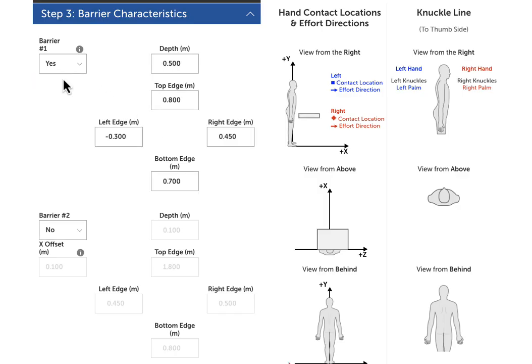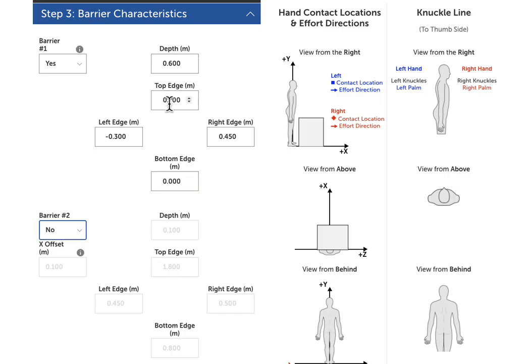So I'm going to say the first one. The first one we're going to say has a depth of 60 centimeters, so 0.6 meters. So you can see that's the depth there. We're going to say that the top edge is at 0.7 meters. And the bottom edge is going to be at 0.